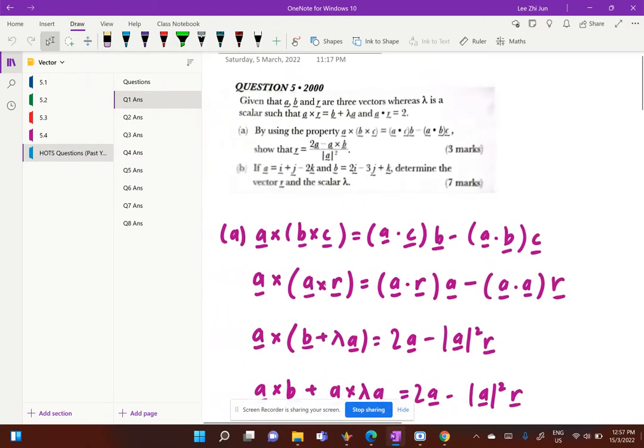They give the property of the cross product.